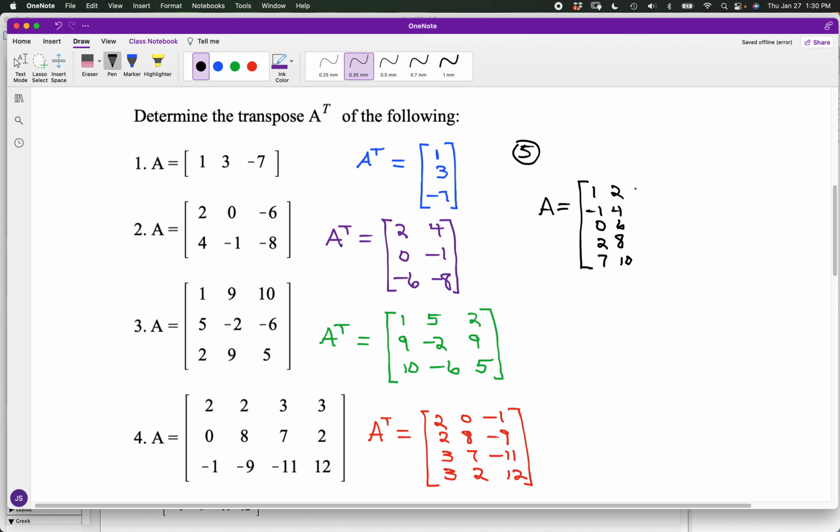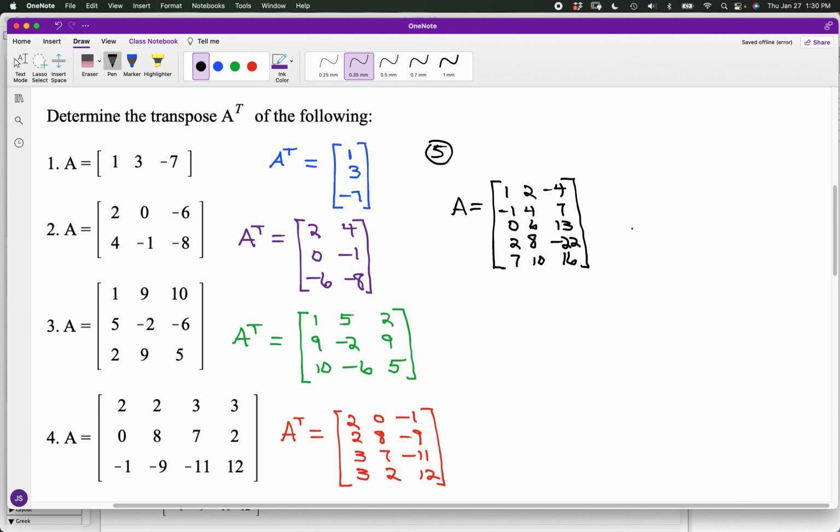And then we have -4, 7, 13, -22, and 16. So this is what we have for A. So we have a 5 by 3.